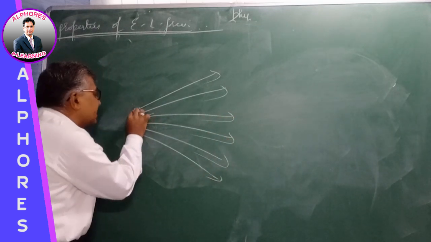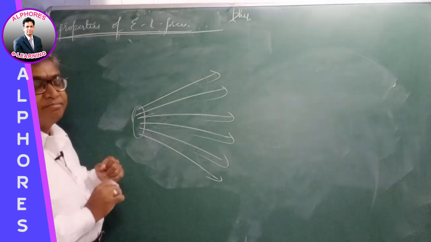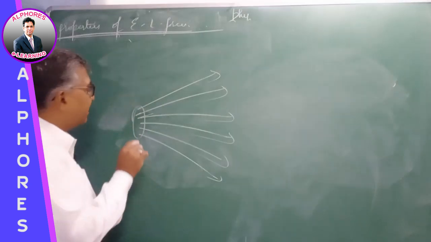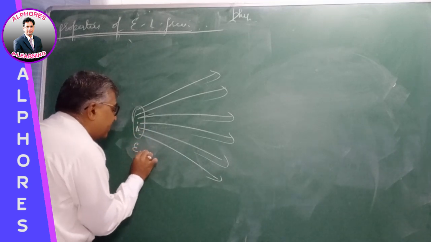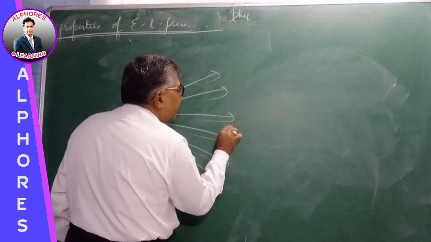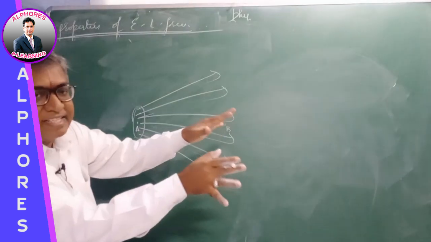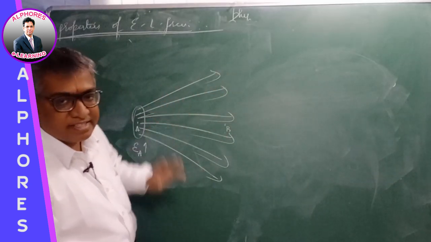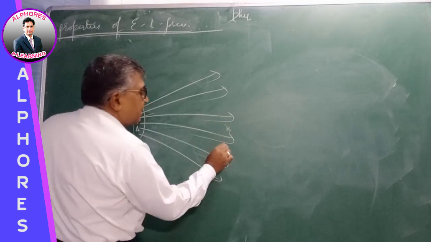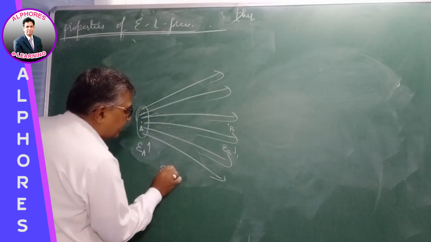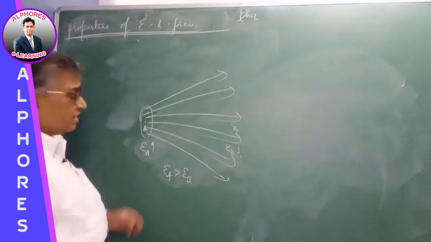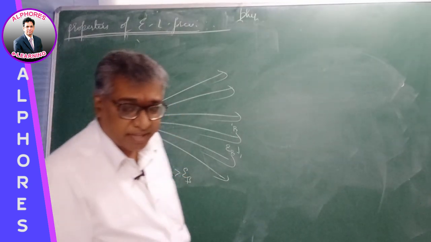Here the lines of force are more crowded, with more lines of force per unit area, so the electric field at A is more. But here the lines of force are moving apart, spaced out like this. Then the electric field at point B is less, so E_A is greater than E_B.